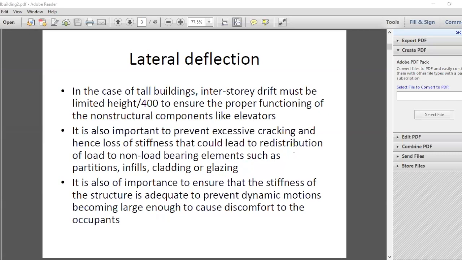And we have to limit the interstory drift to something like height over 400 to make sure of the proper functioning of the non-structural components like elevators.